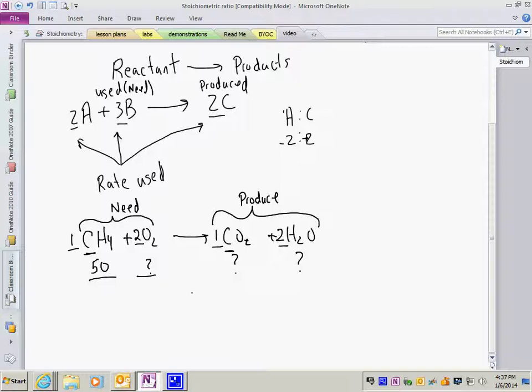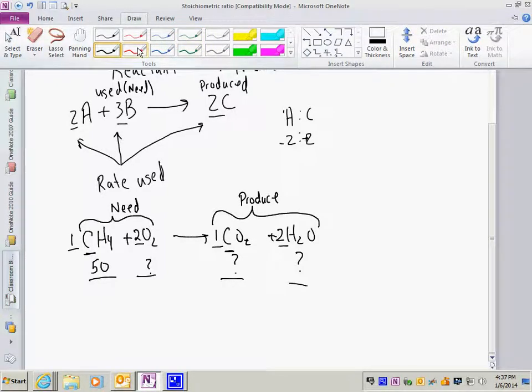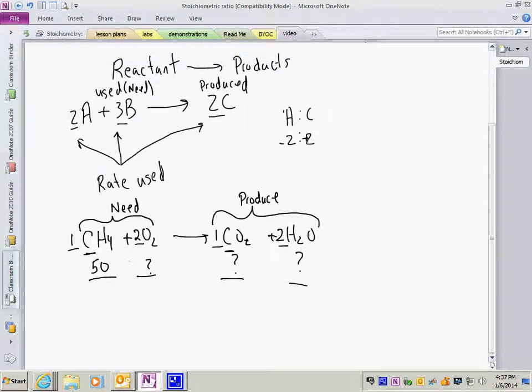All right, so when I go ahead to solve for these question marks, I will just point out to you that I often use arrows. I'm going to change my color here just so you can see it a little easier. When I draw an arrow from here to here, that means I'm using this 1 to 2 stoichiometric ratio.